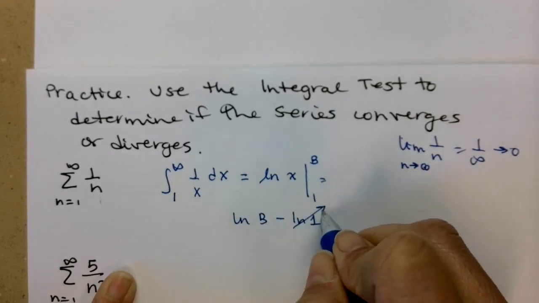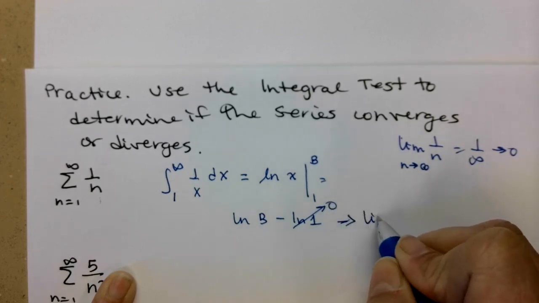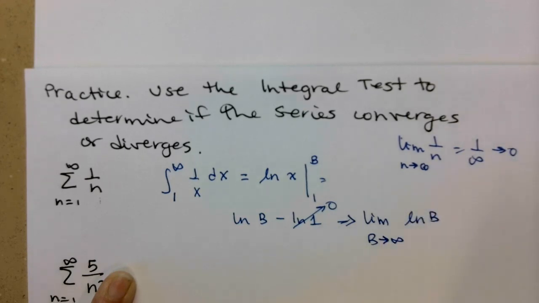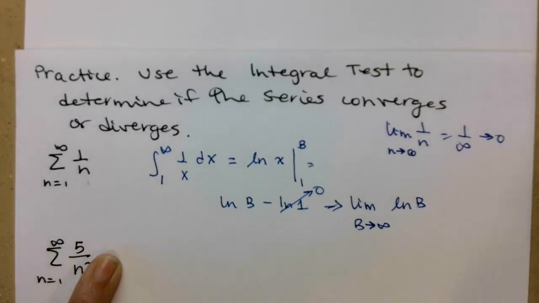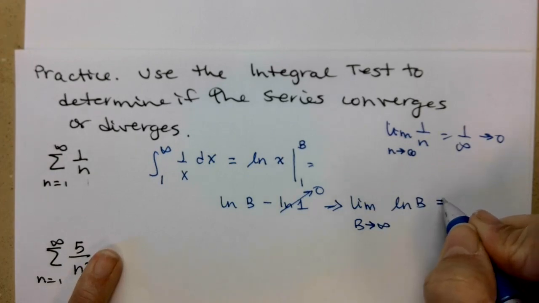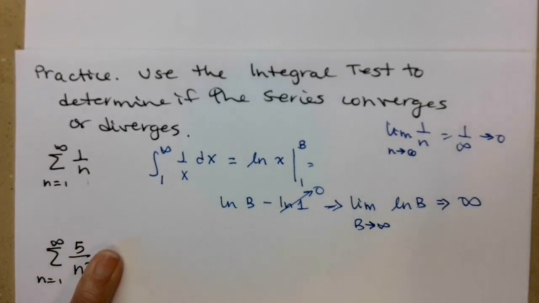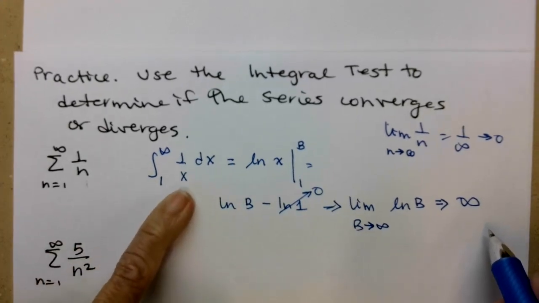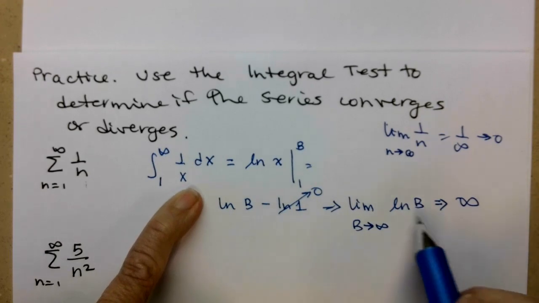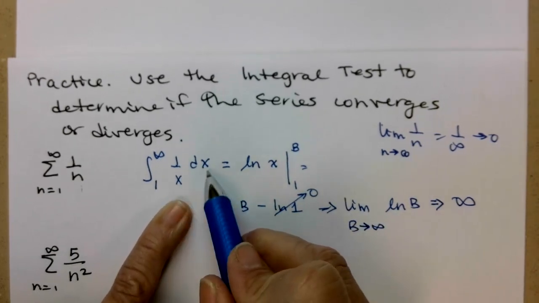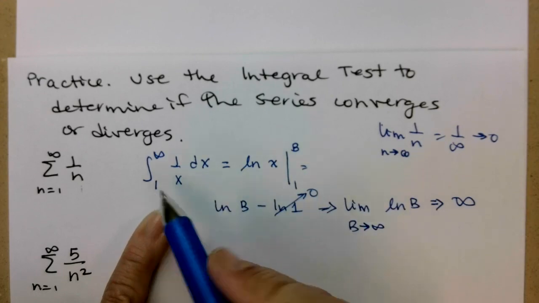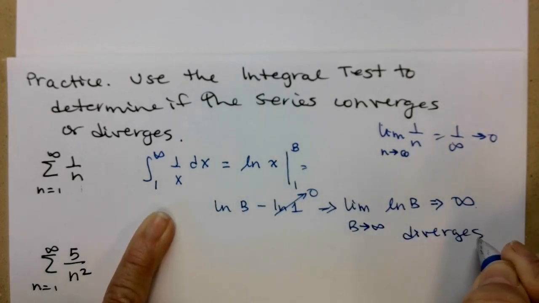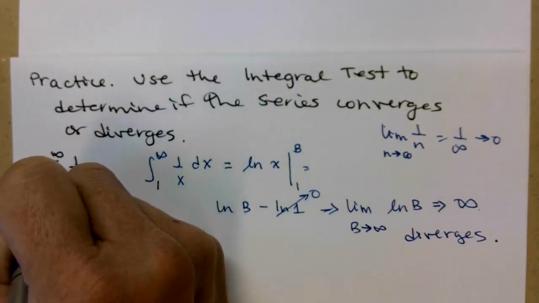Natural log of 1 is 0. So now we take the limit as b goes to infinity of the natural log of b. Well, it doesn't get there all that fast, but it does go to infinity. That means it diverges. The integral of 1 over x dx from 1 to infinity is infinity, so this diverges. And if the integral diverges, then the series diverges.